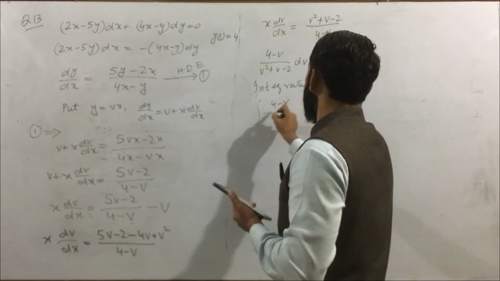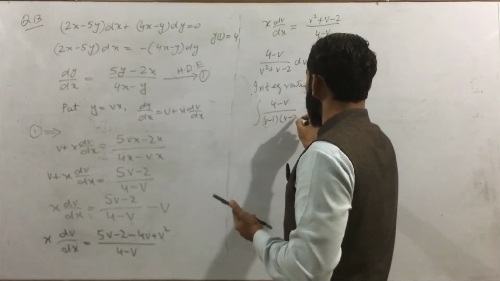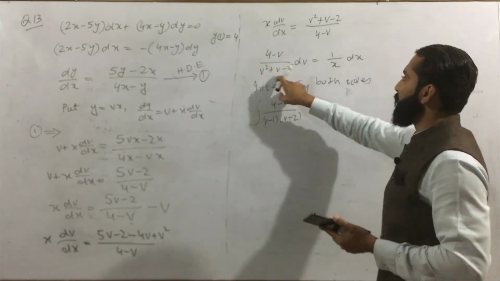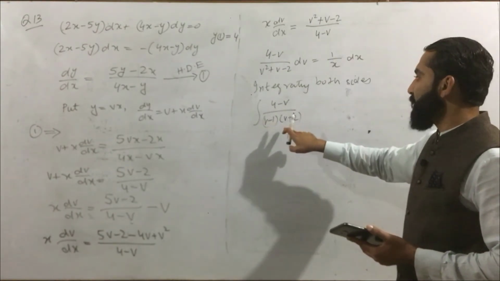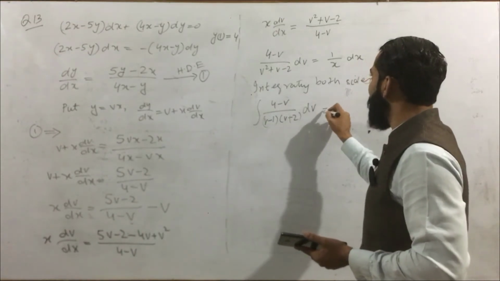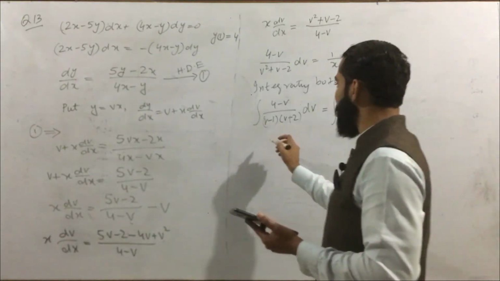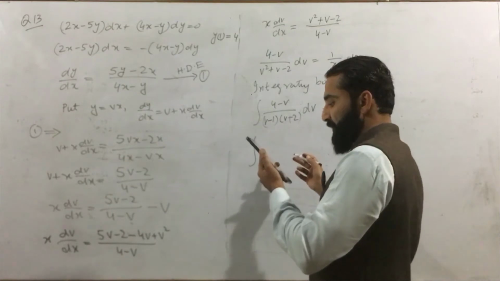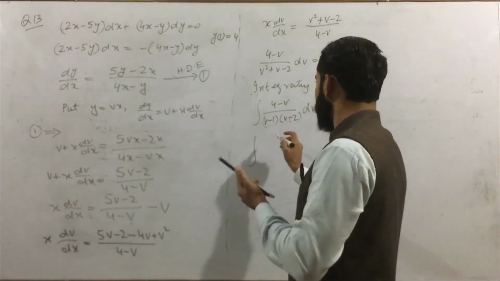After factorization of v square plus v minus 2, we have (v minus 1) multiplied by (v plus 2), and now we can integrate this with the help of partial fractions. I am writing the partial fraction directly, you can find it: the value of A will be 1 and the value of B will be minus 2.